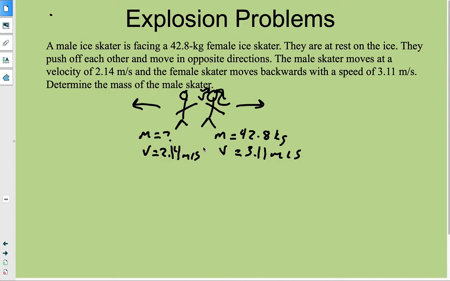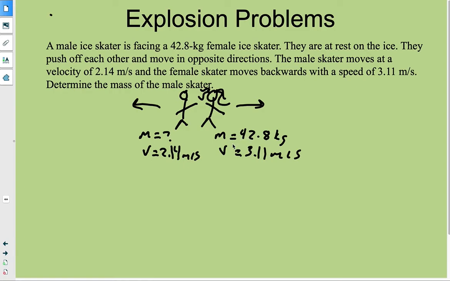So right now, you guys, I could tell you that the male skater has to have a mass bigger than 42.8 because his velocity is less. If the velocity is smaller, the mass has to be bigger. If the velocity is bigger, the mass has to be smaller.